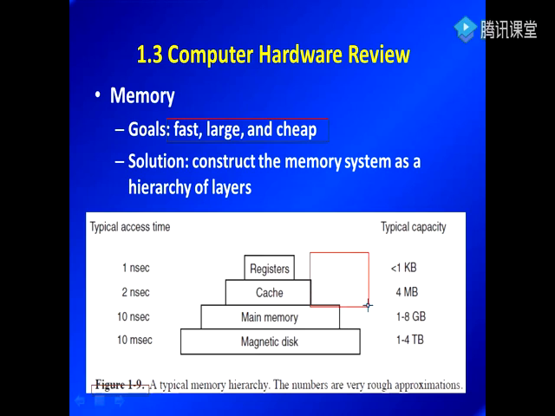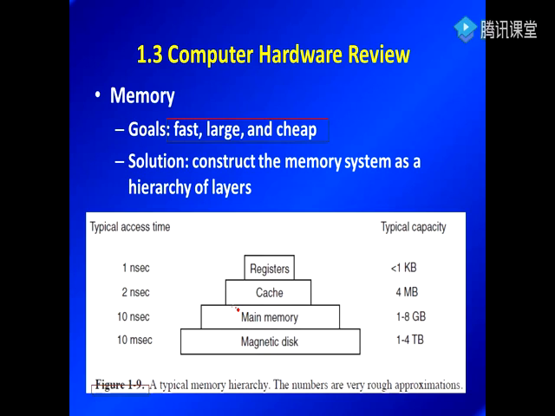In this figure we see there are different layers of memory. When we say memory, if we don't emphasize what kind of memory it is, we usually mean main memory.